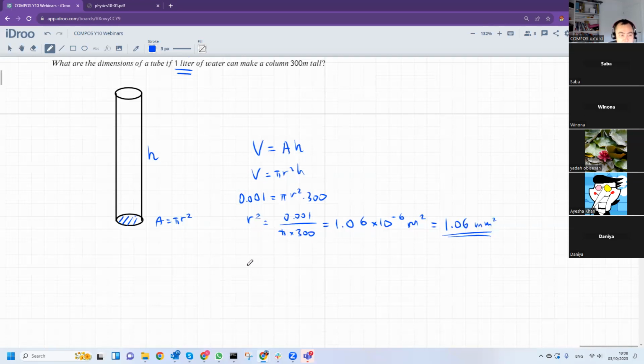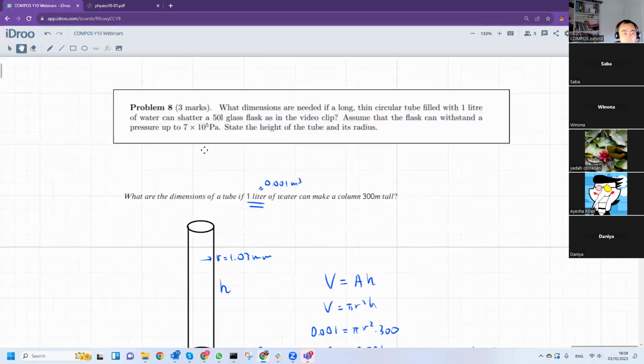So that's radius squared. So the radius is the square root of 1.06, which gives us approximately 1.03 millimeters. So it's a tube of radius r equals 1.03 millimeters. That's what you need to find.